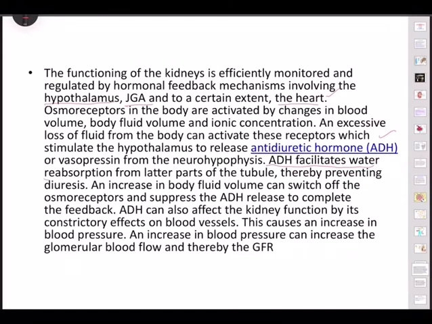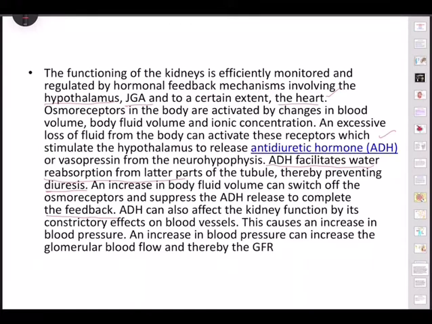Antidiuretic hormone facilitates water reabsorption. This you must remember for your NEET exam. ADH facilitates water reabsorption from the later parts of the tubule, thereby preventing diuresis. An increase in body fluid volume can switch off the osmoreceptors and suppresses the ADH release to complete the feedback.